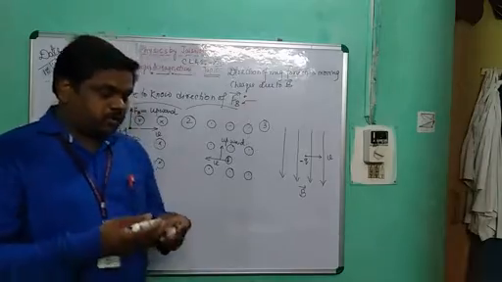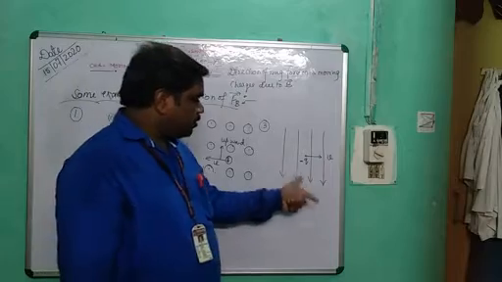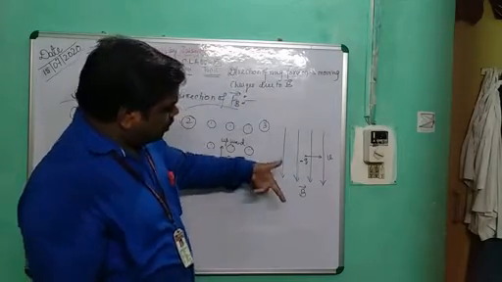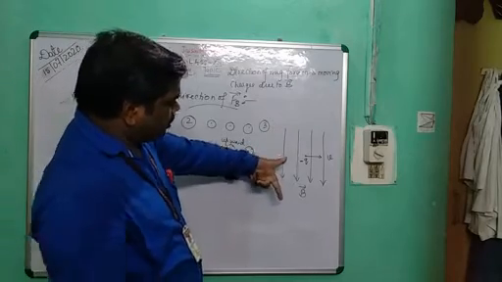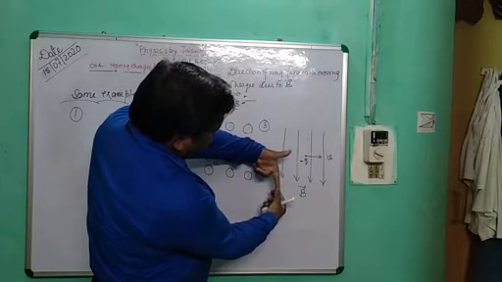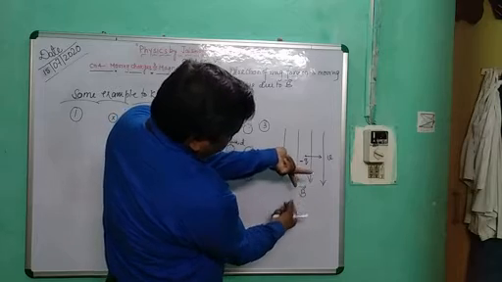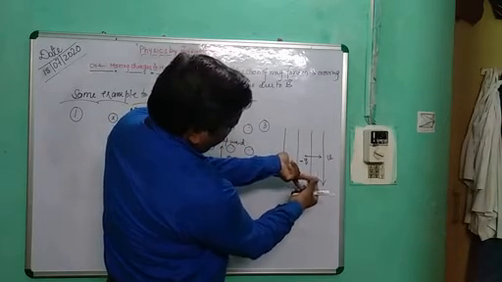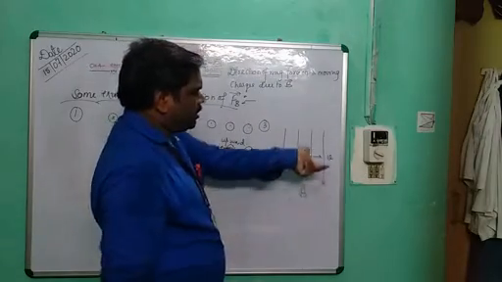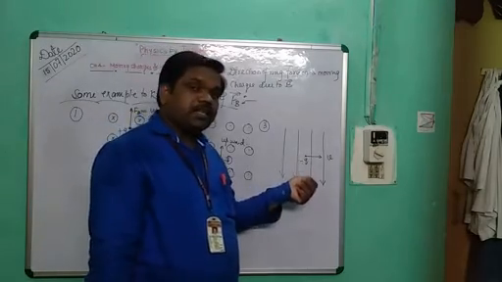What will be the direction of force? Again apply Fleming's left hand rule. What is the direction of magnetic field? It is downward, so this is B, downward. The velocity of the moving charge is in this direction. The thumb is pointing inside, so the force will be inside.